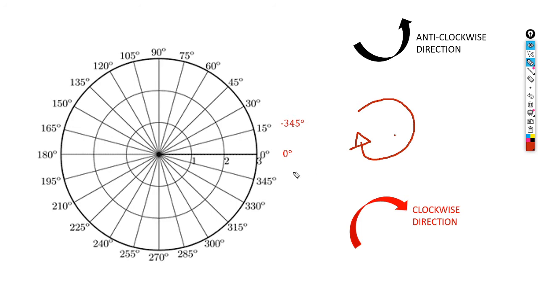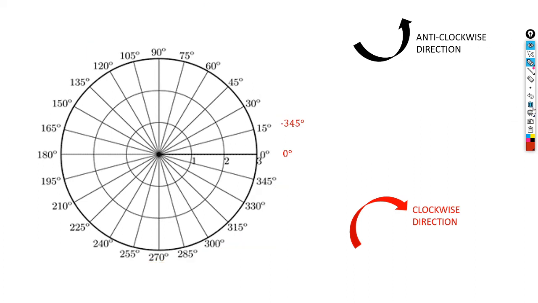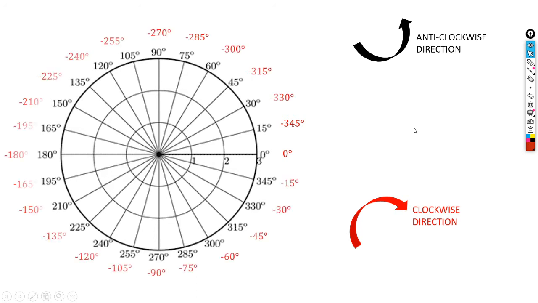So what is going to be the reading of our angle in this direction? When you are reading them in a clockwise direction, you are going to have negative angles, because in the clockwise direction you expect them to be negative.